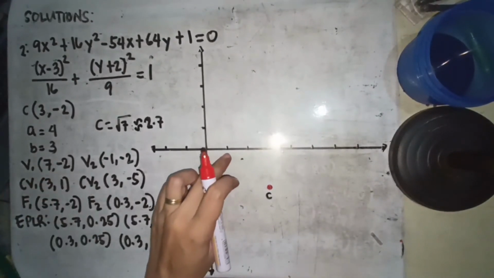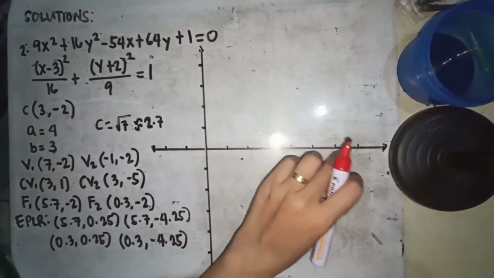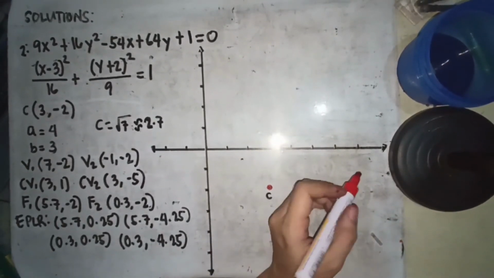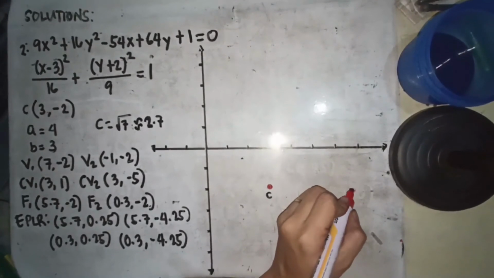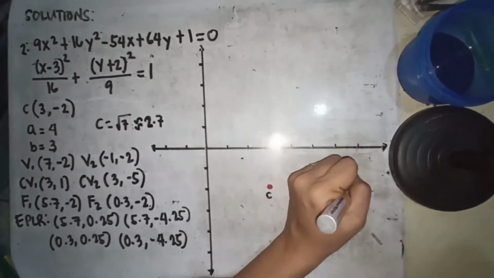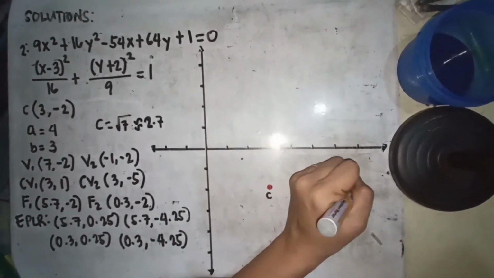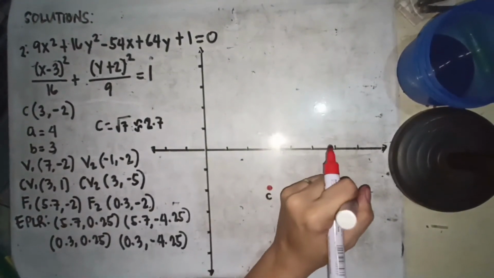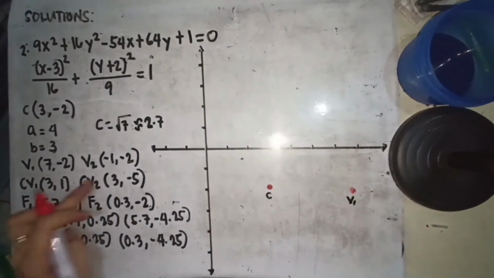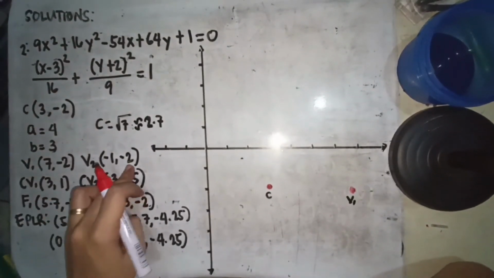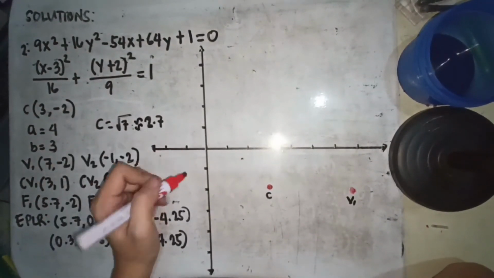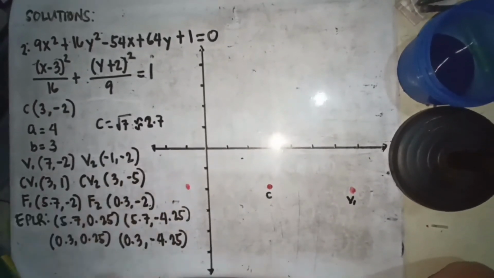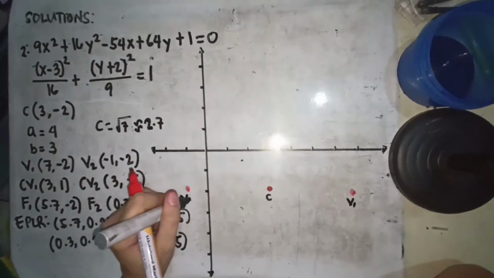So positive 7, we have 1, 2, 3, 4, 5, 6, 7, and negative 2. Okay, this is V sub 1. Next we also have our V sub 2, which is negative 1 and negative 2. So negative 1 and negative 2. This is V sub 2.